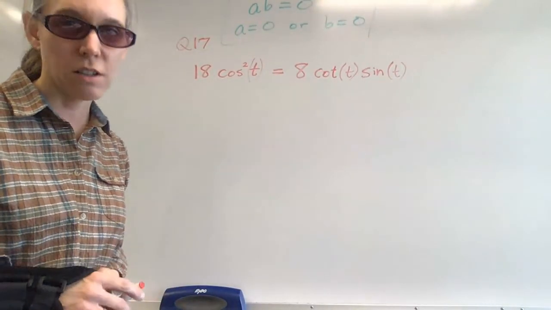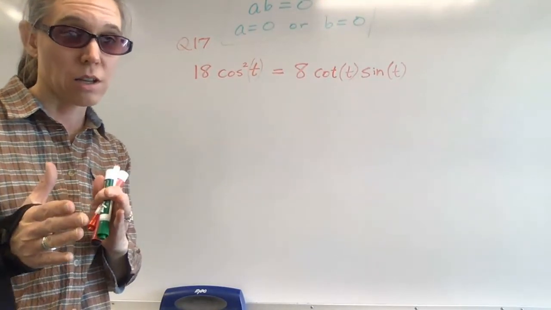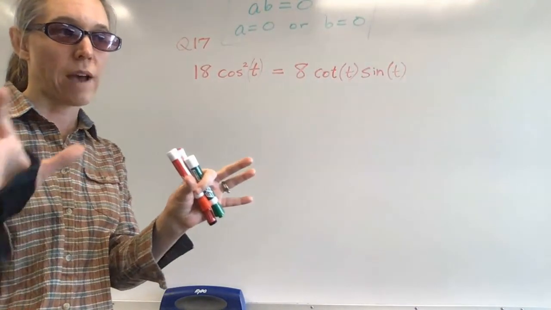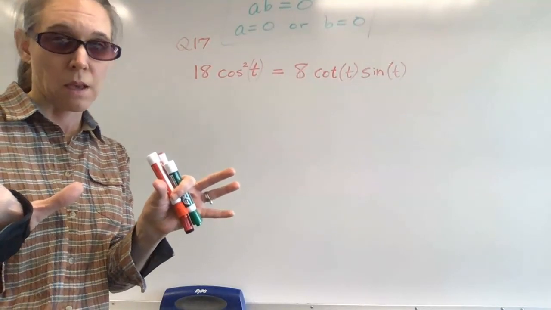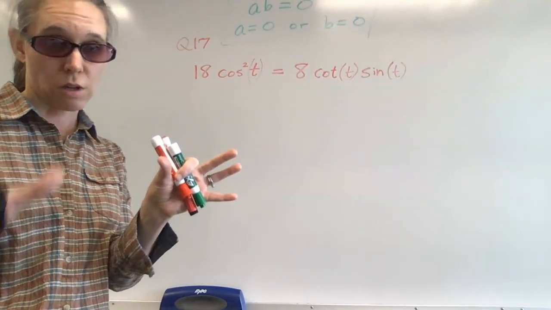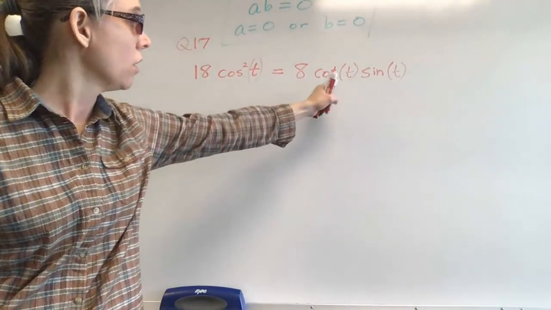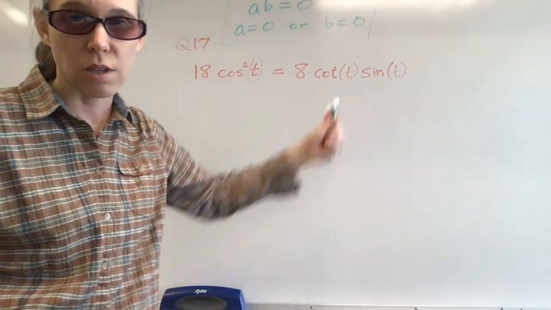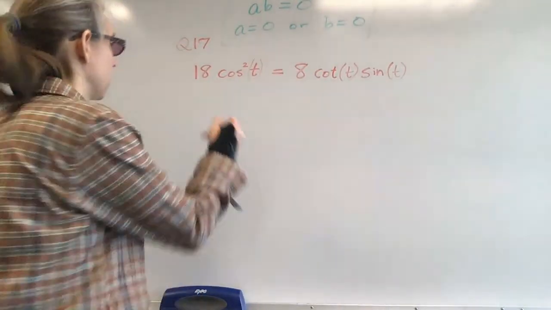So what you'd want to do is get yourself to a position where you could factor out certain things so that your individual factors, when you set them equal to 0 for the zero factor property, are going to have unique trig functions in them. Or in this particular case, you need to do a substitution. So we're going to rewrite this with cotangent being replaced by cosine over sine.